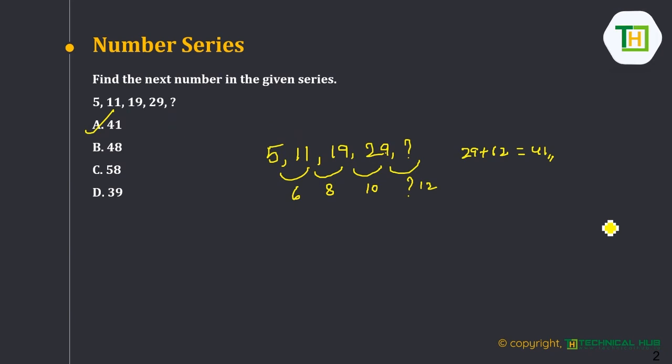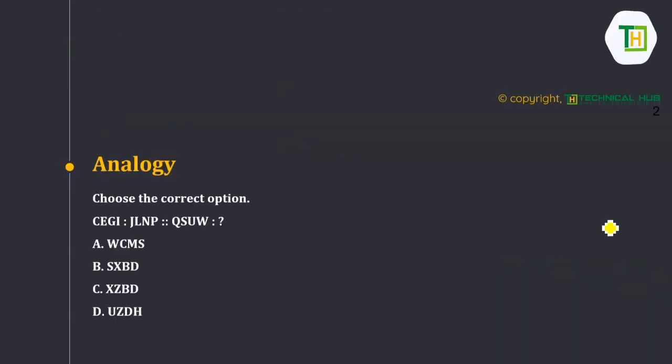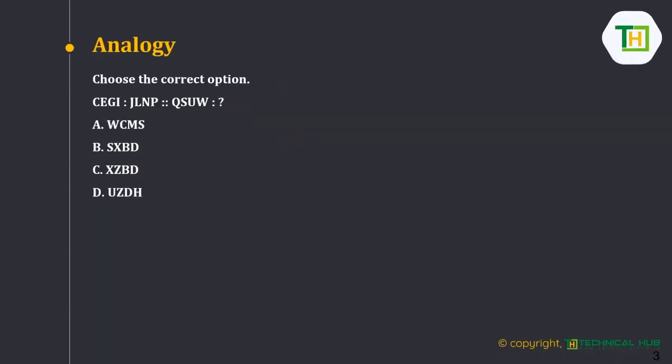Coming to next one. Choose the correct option. So analogy means find the logic between the first two and apply it to the third one to get the fourth one. First take the two pairs. So CEGI is coded for JLNP.